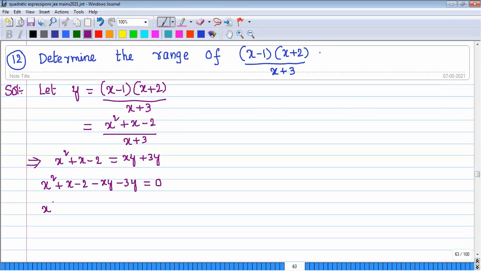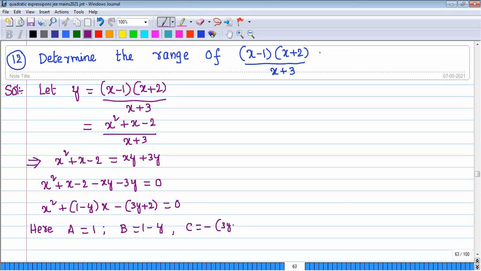Now take x common: x square plus 1 minus y times x, minus of 3y plus 2, equals 0. Here it's a quadratic equation in x, with a equals 1, b equals 1 minus y, whereas c equals negative of 3y plus 2.